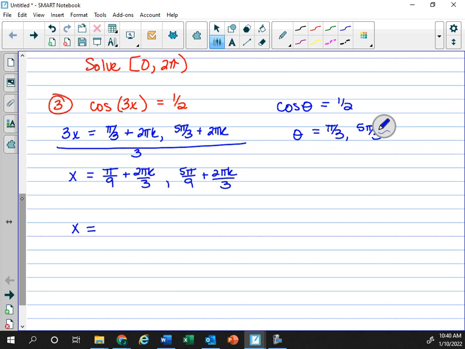It says solve 0 to 2 pi. That means I need to know the actual angles between 0 and 2 pi that meet what this says, that are the pi over 9 plus 2 pi over 3. So the way you start, the first answer is pi over 9.